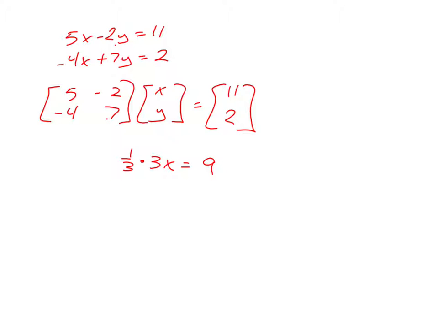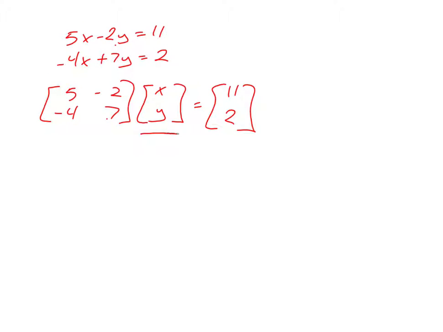They are multiplicative inverses of each other. What do I get when I do 1/3 times 3? I get 1. What is 1? It's the multiplicative identity. Anything times 1 is itself. So I do 1/3 to both sides, and we'd end up with x equals 3. Same concept here.